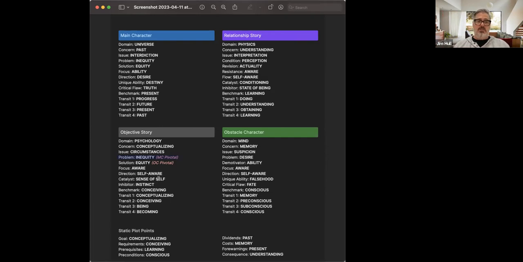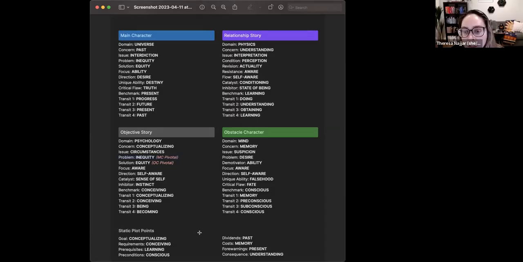And I do love sense of self here as the catalyst for the objective story, and then instinct as the inhibitor. I think conditioning makes sense in the relationship story because Guy figured out what Bruno's plan was because of their interactions together, because its response is based on training or conditioning, right?